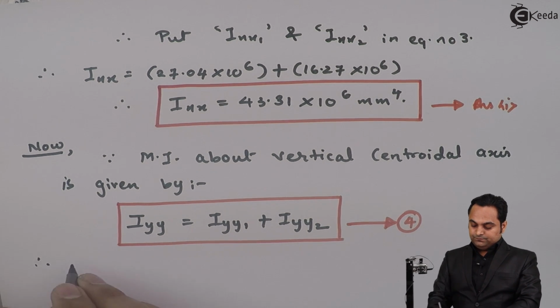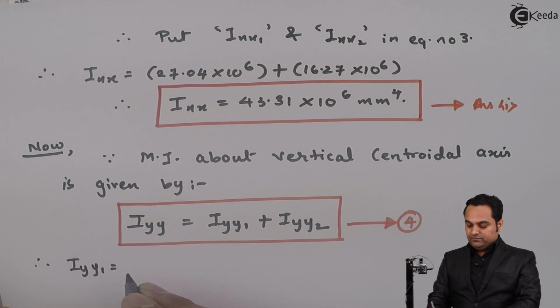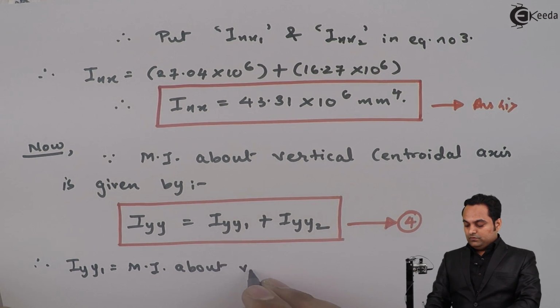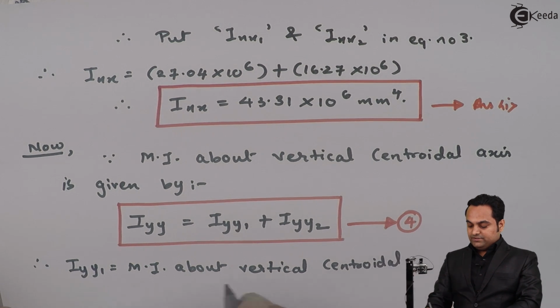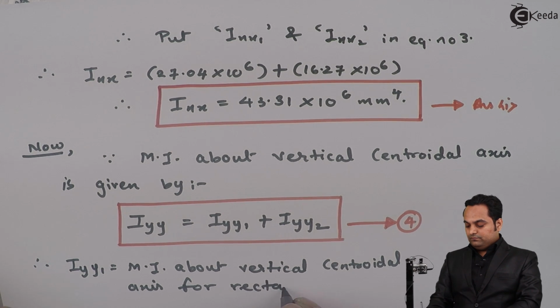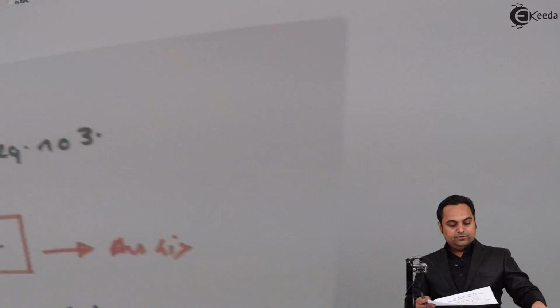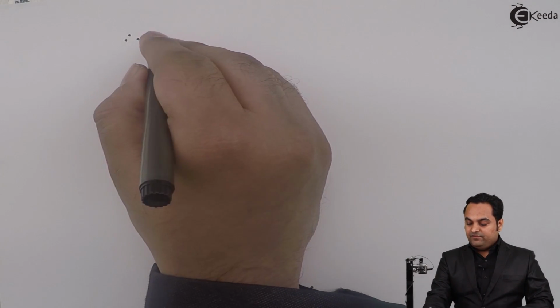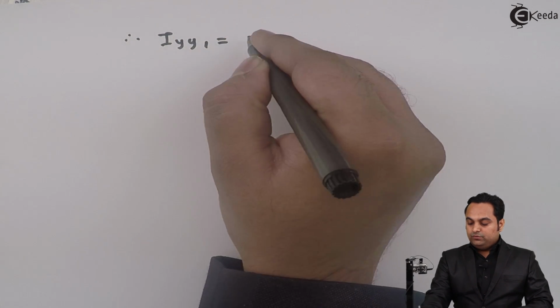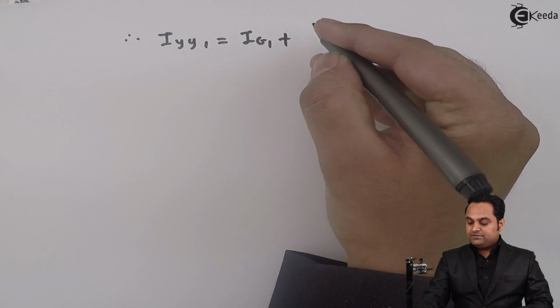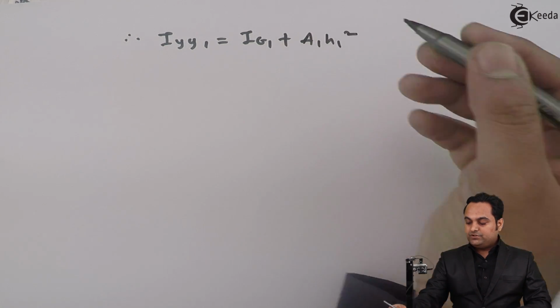So therefore Iyy1 is equal to MI about vertical centroidal axis for rectangle 1. So therefore Iyy1 will be equal to Ig1 plus area 1 into h1 square.